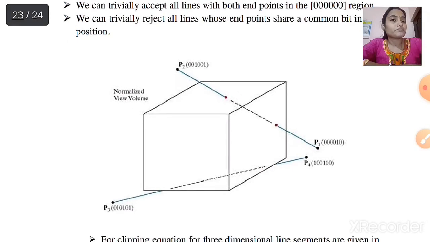P3 is invisible because it is outside the window. P4 is also invisible because it went outside the window. But P1 has some portion visible and some portion invisible. Likewise P2.